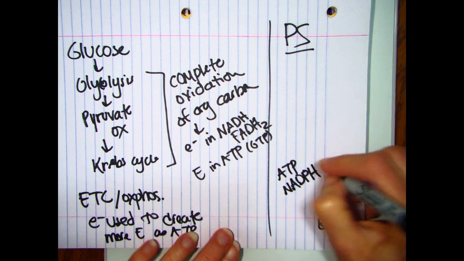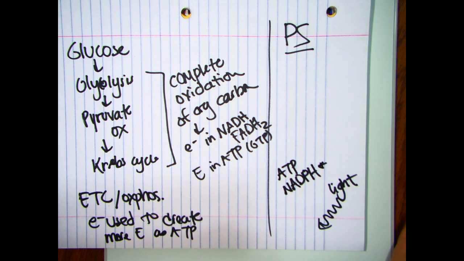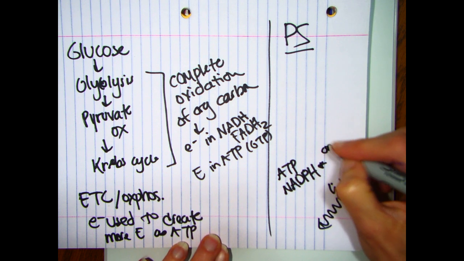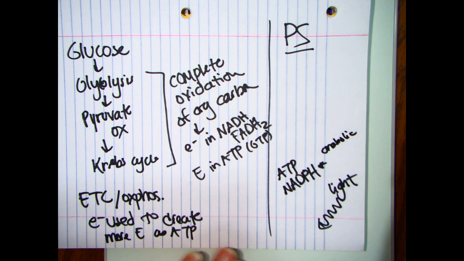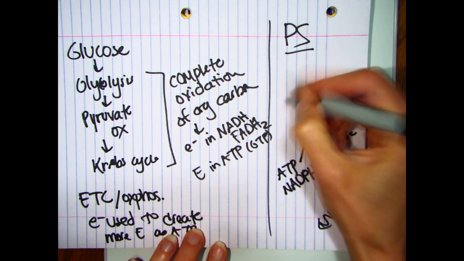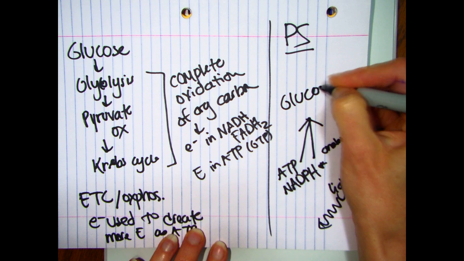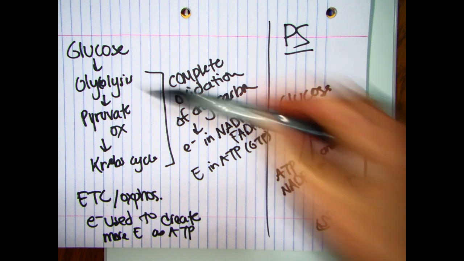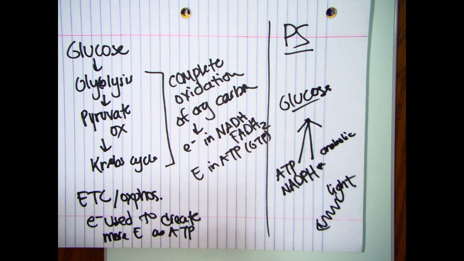And you guys will remember that NADPH carries electrons for anabolic or building reactions. And so then the ATP and the NADPH are used to build glucose. Woohoo! And so photosynthesis is, very generally speaking, backwards chemoorganotroph catabolism.